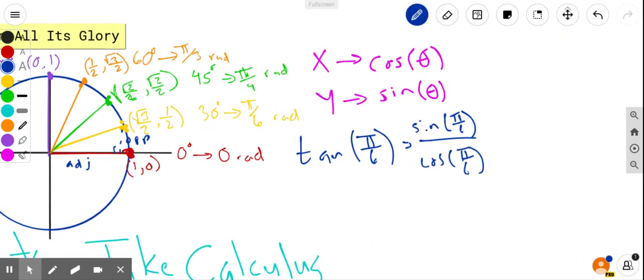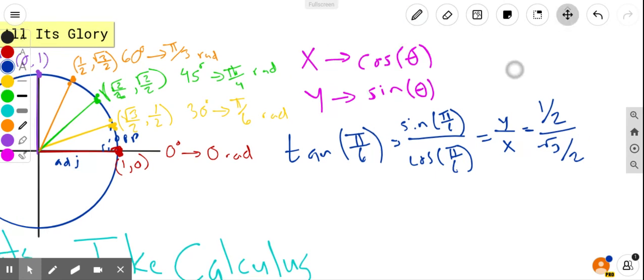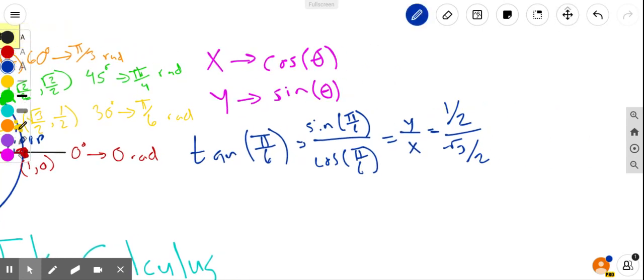So in this instance, it's y divided by x, which means it would be 1/2 divided by radical 3 over 2. And now we just simplify this using our knowledge of fractions.